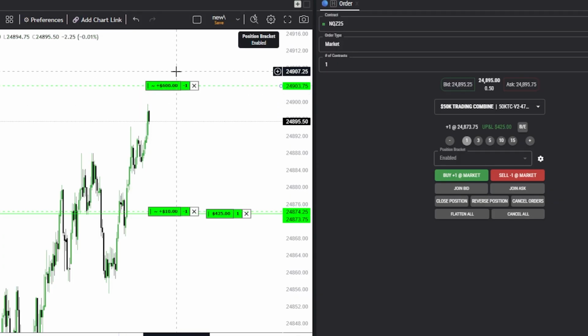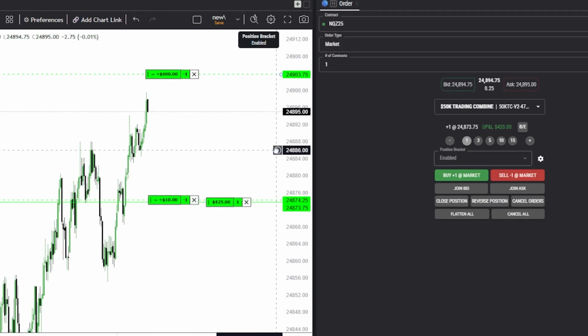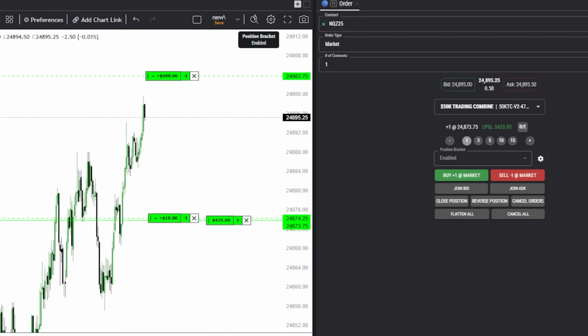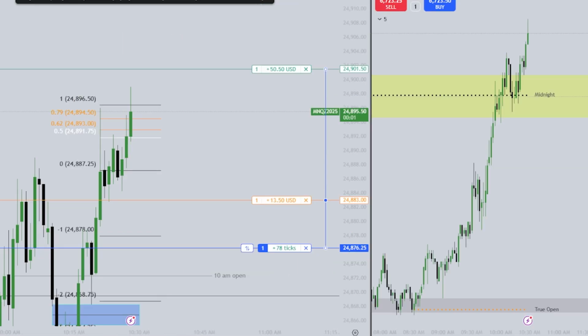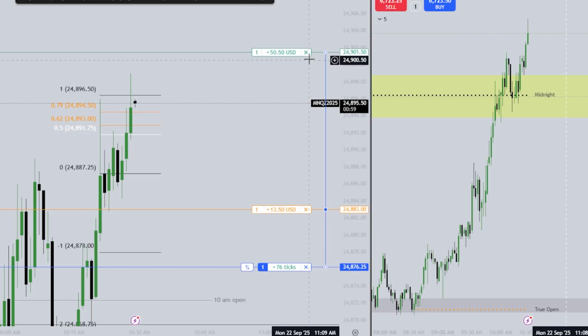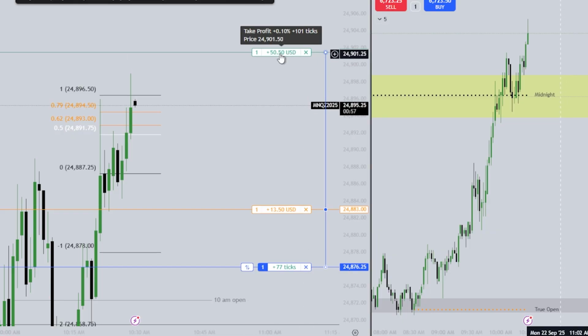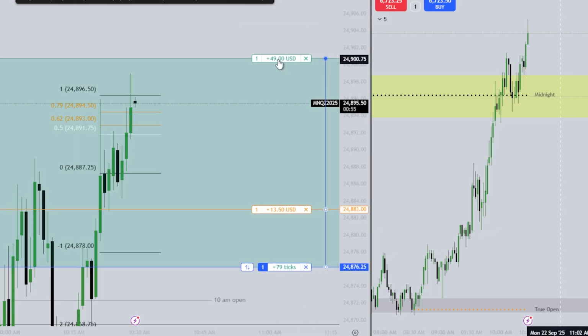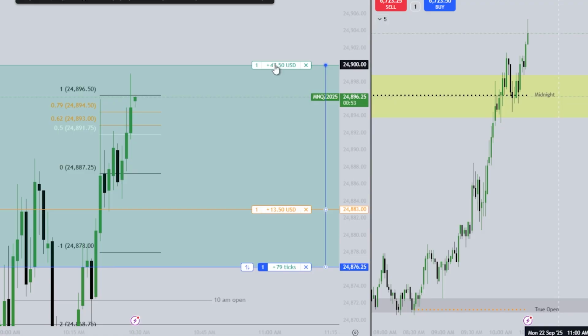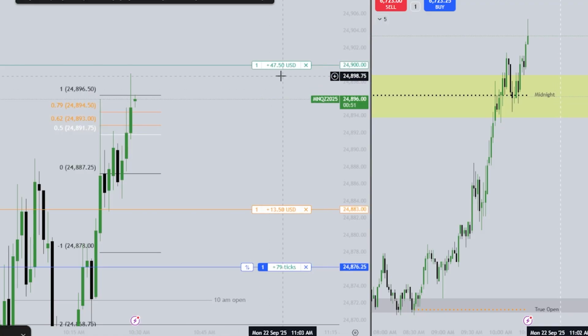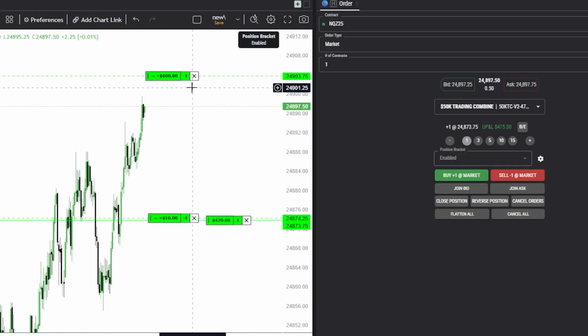I think this is where that high is. Let me see. Matter of fact, is that where the high is at? Not for sure. What high is this at? 24,900. So I'm going to go 24,900 right there. So 24,900 is that one.